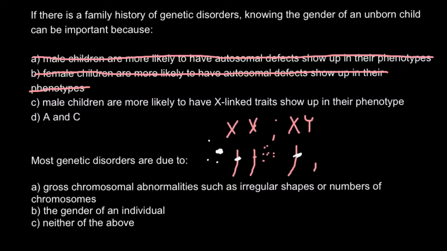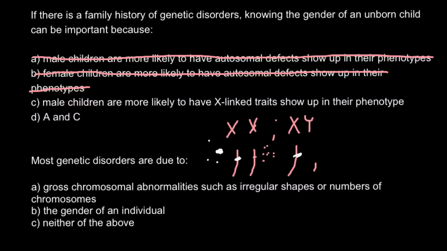Overall, even a 50% reduction in production of normal protein can be tolerated by the organism, and the organism wouldn't show the phenotype of the genetic disorder or disease.